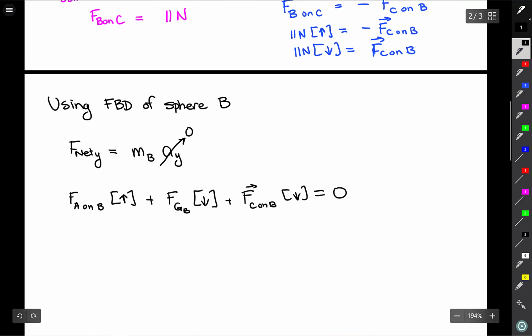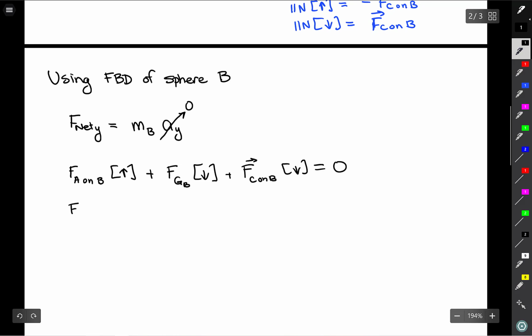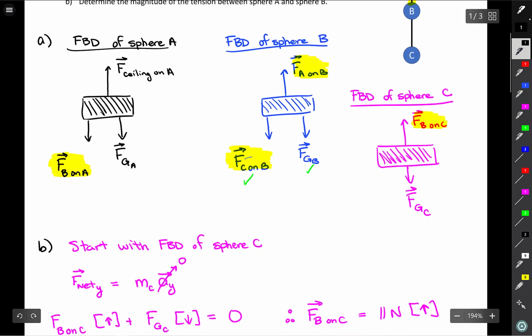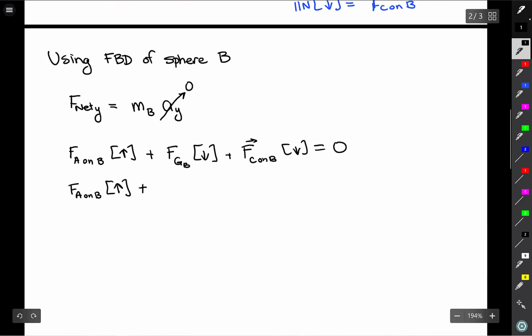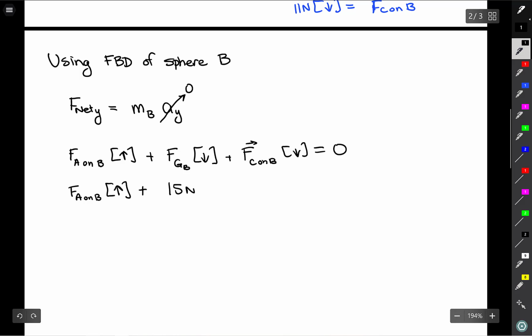And we do know these values. FA on B is upwards. The force of gravity on object B is 15 newtons, and that's acting downwards.